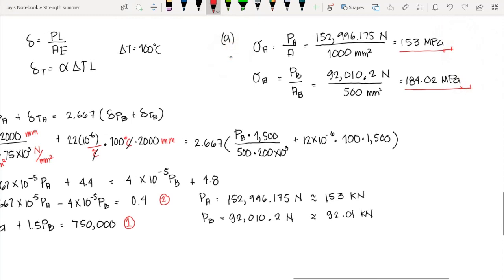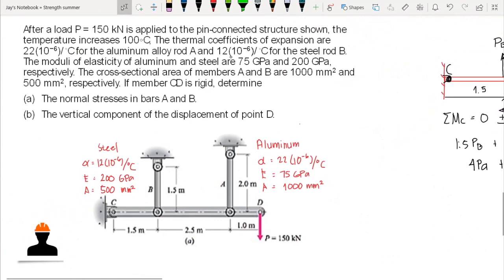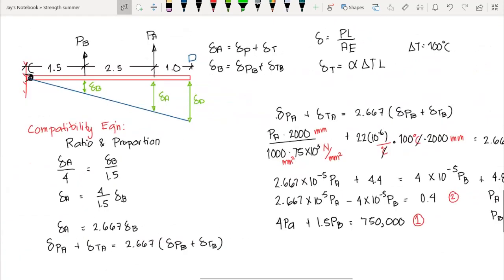Now for letter B, we have the vertical component of the displacement of point D. So we are asked to compute for the value of D here. This one. That is the vertical displacement of our point D. And we can do it by just ratio and proportion.